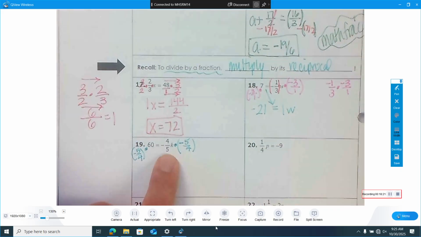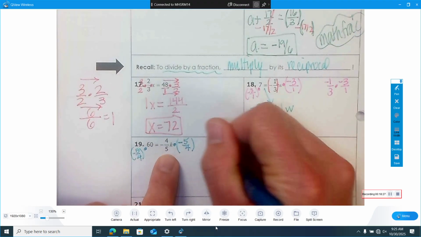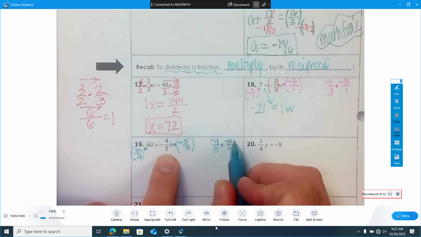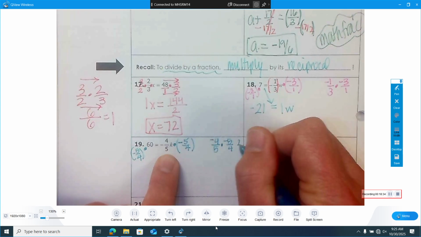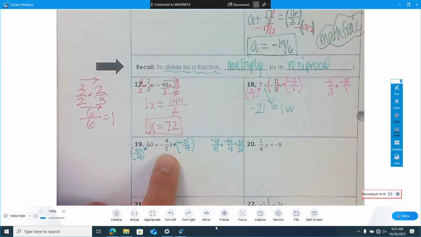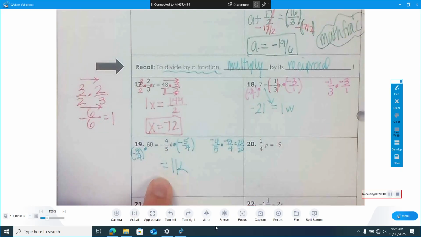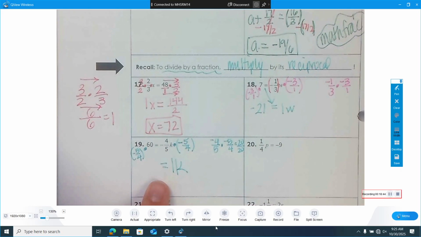So every time you see that fraction with your variable, you can think multiply by the reciprocal on both sides. Again, negative 4 over 5 times negative 5 over 4 gives us 20 over 20. And 20 over 20 is just a 1k. All right, super nice. Goes away. That's what reciprocals are good at, canceling each other out.